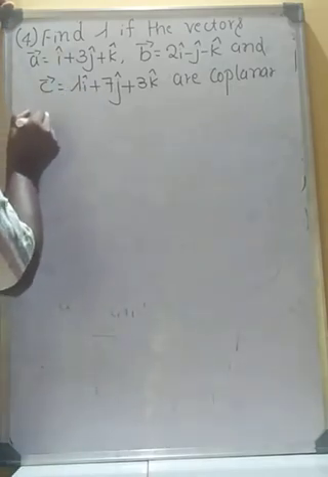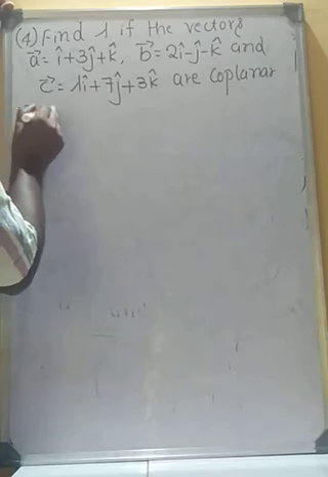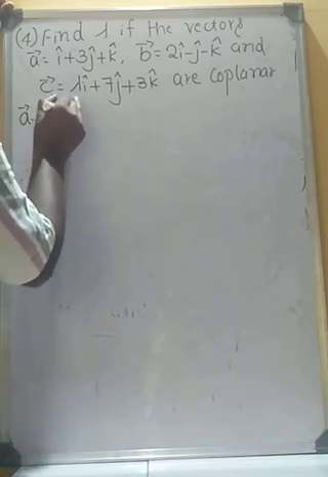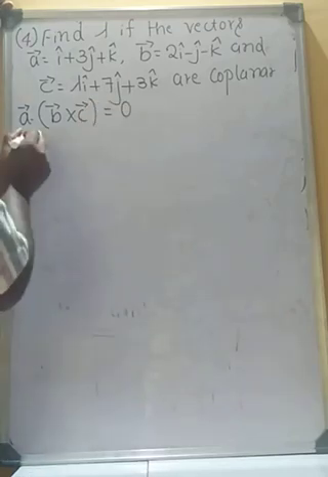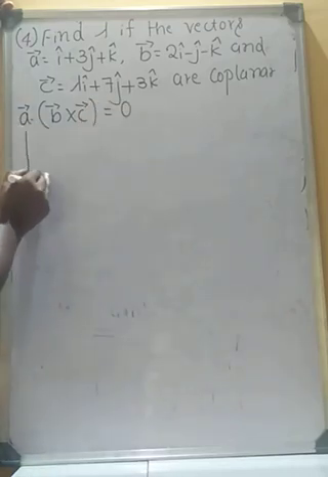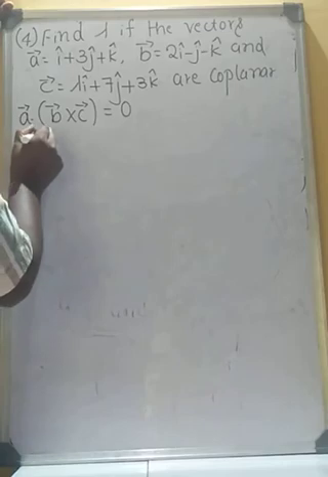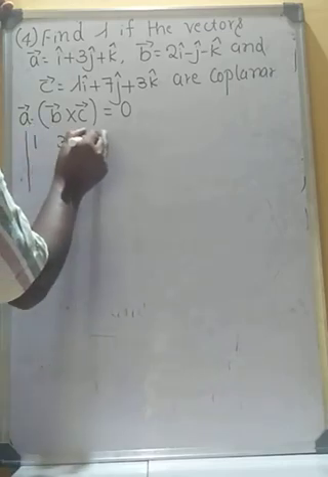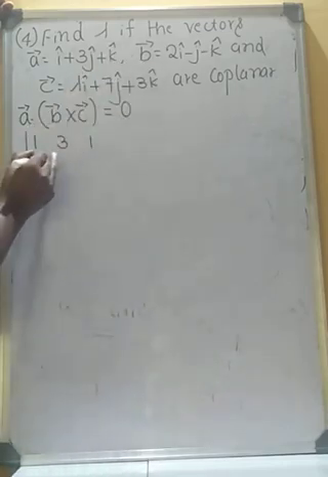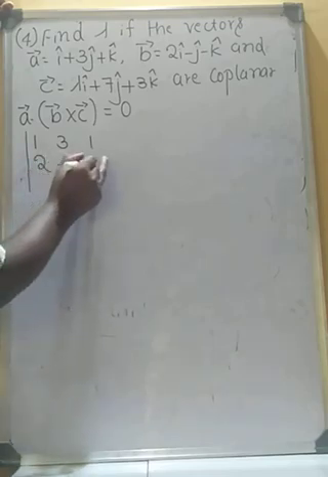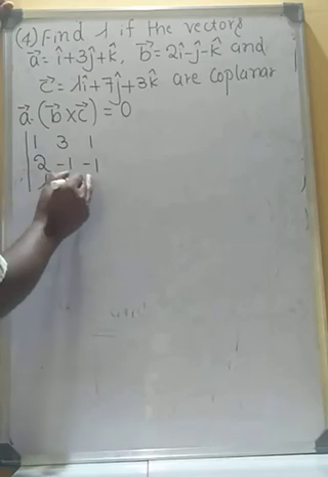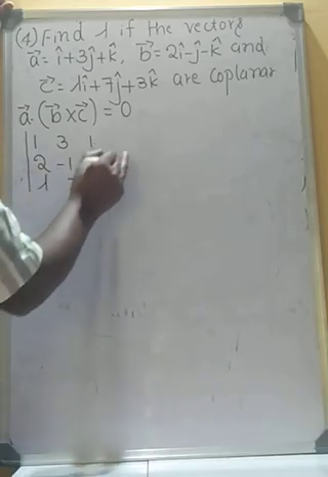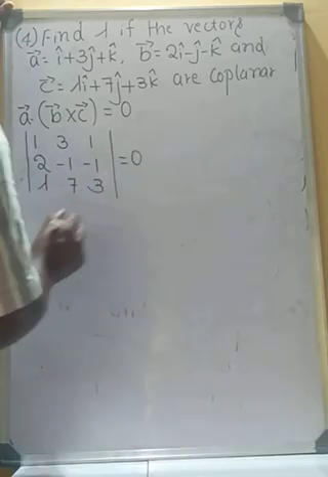Here also, vector A dot vector B cross vector C is equal to 0. This implies the determinant with vector A components 1, 3, 1, vector B components 2, -1, -1, vector C components lambda, 7, 3 is equal to 0.